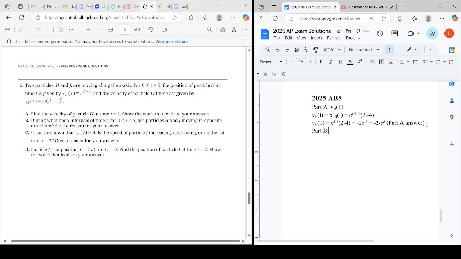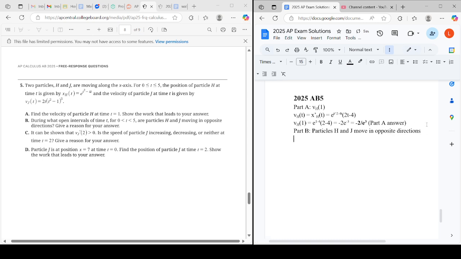In part B, we're asked when particles H and J move in opposite directions, and this happens when v sub h of t and v sub j of t have opposite signs. So create a sign table for each particle.